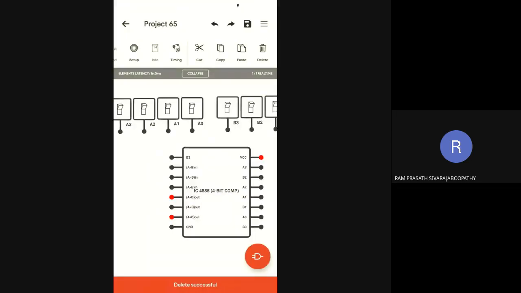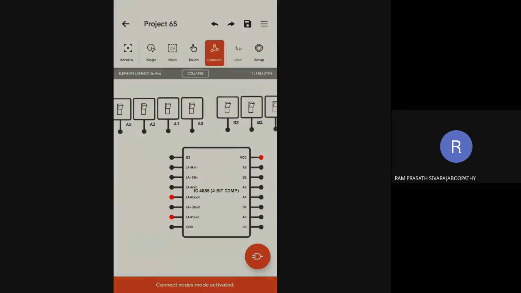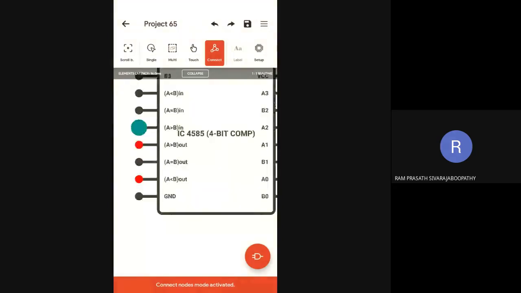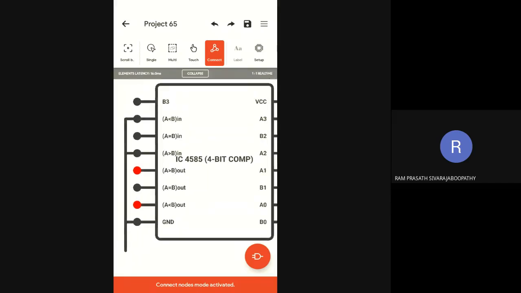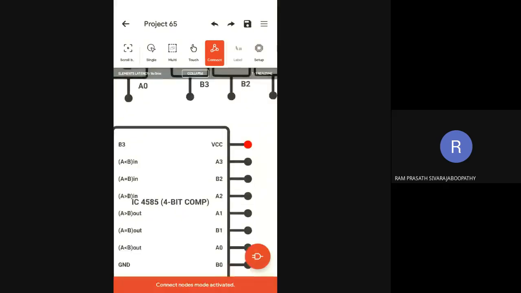So the cascading input. Observe carefully. A greater than B in, I will zoom it, is connected to ground. A less than B in is also connected to ground. Whereas A equal to B in, where did we say to connect it? VCC, that's it.